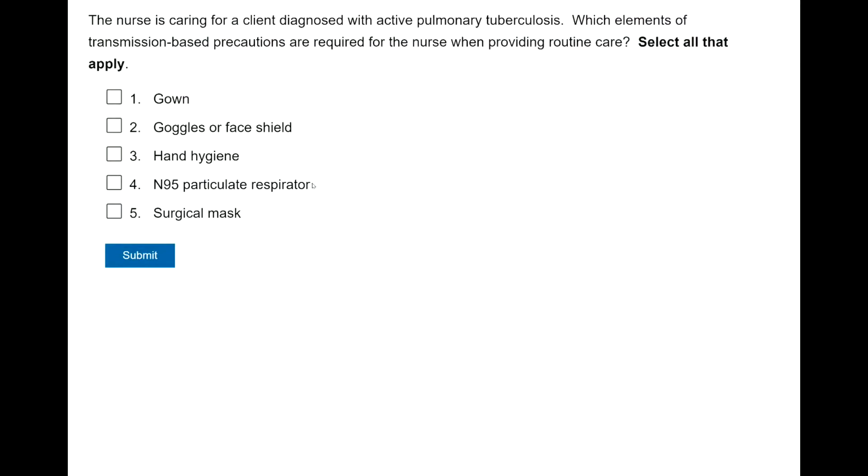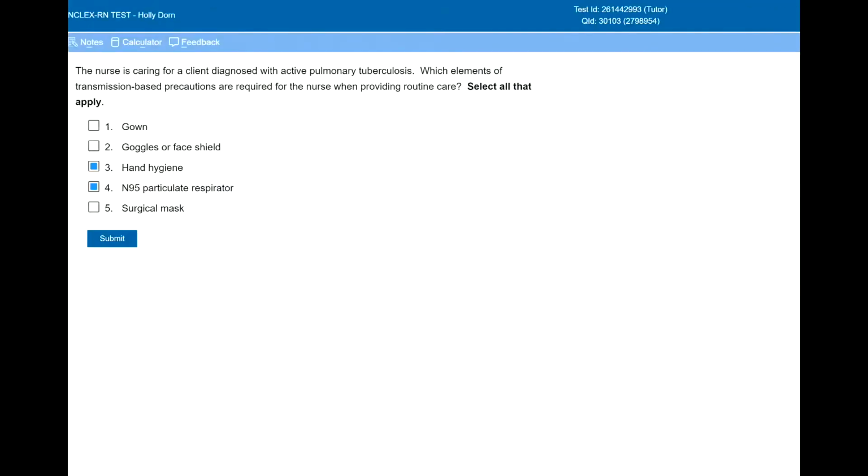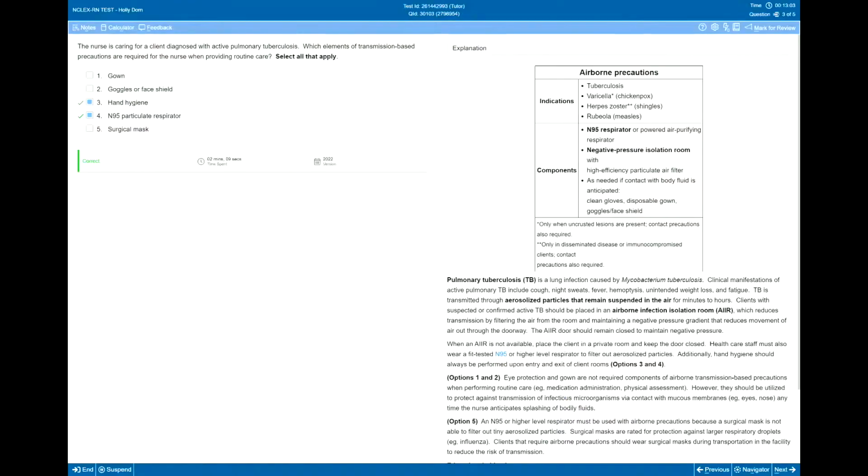Number 4, N95 particulate respirator would protect against little tiny airborne particles that are smaller than droplets and suspended in the air. And number 5, we have surgical mask, which protects the nurse from droplets in the air. So based on what I know about airborne precautions, I am going to pick my answers here. And we are going to submit. So let's go over to our explanation now.